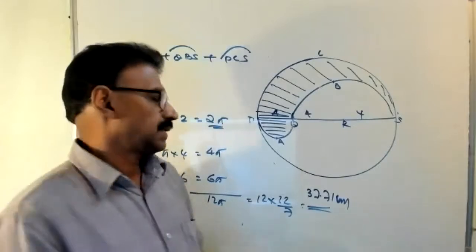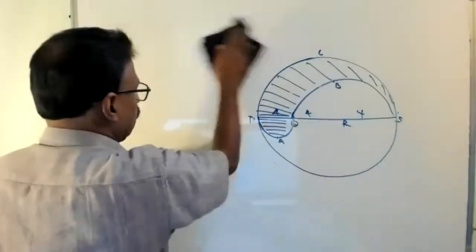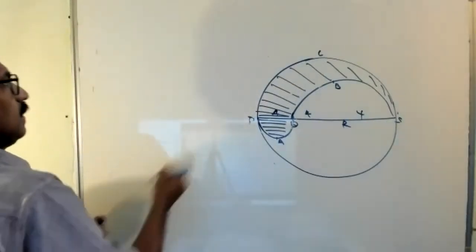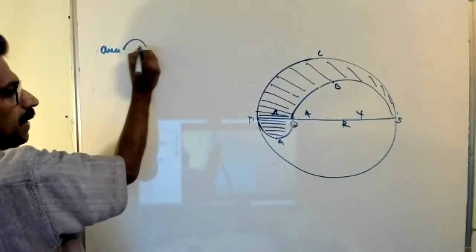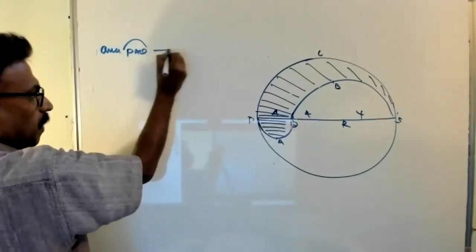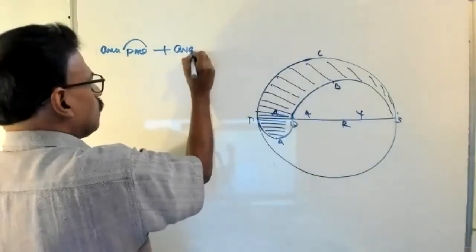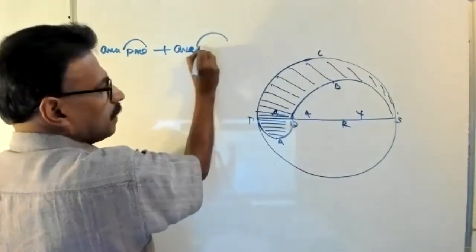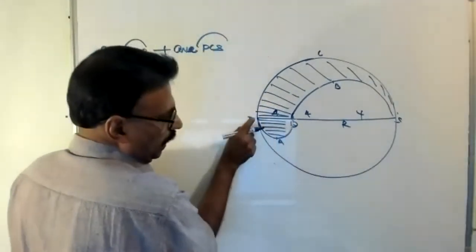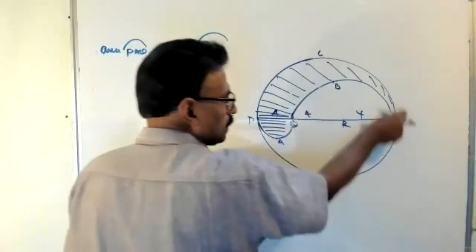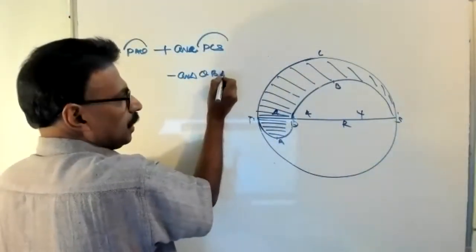Okay, so now second part. We have to find out the area. Listen here. Area, I'm finding like this. Area under PAQ plus area under PCS minus area under QBS.